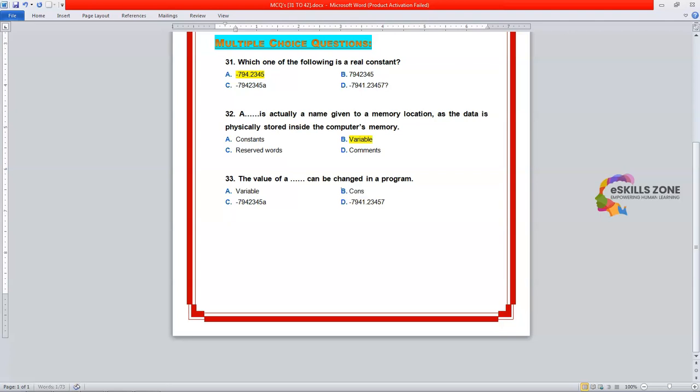B, constants. C, comments. Or D, none of these. Right answer is option A, variable.